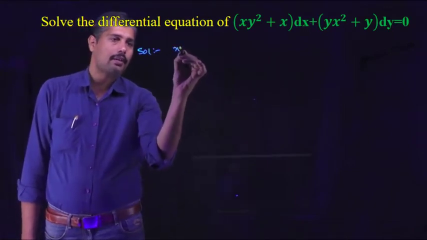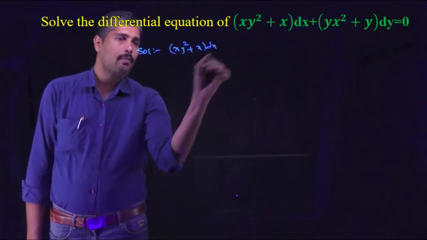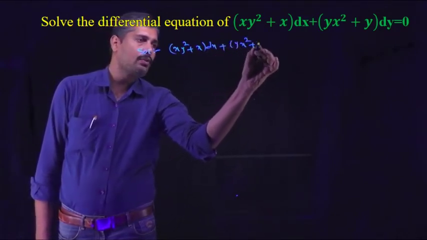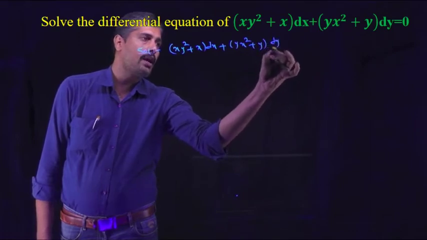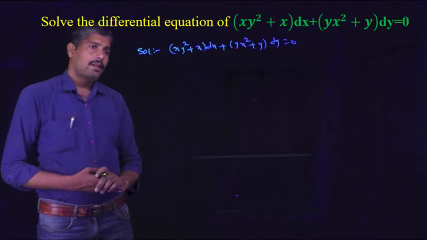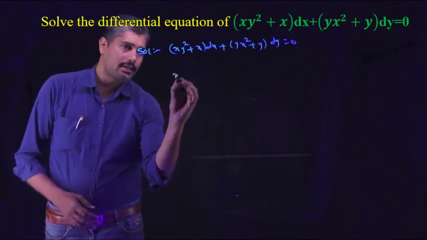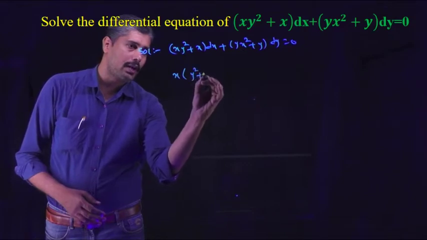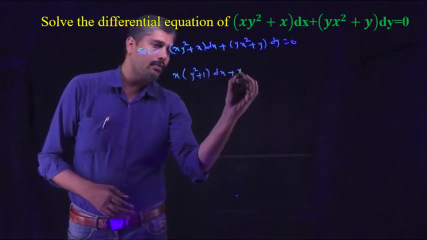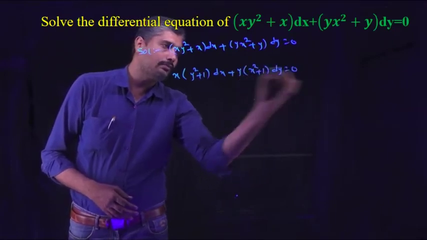Here take x common, then we get x(y² + 1) dx. Here take y common, then y(x² + 1) dy equal to 0.